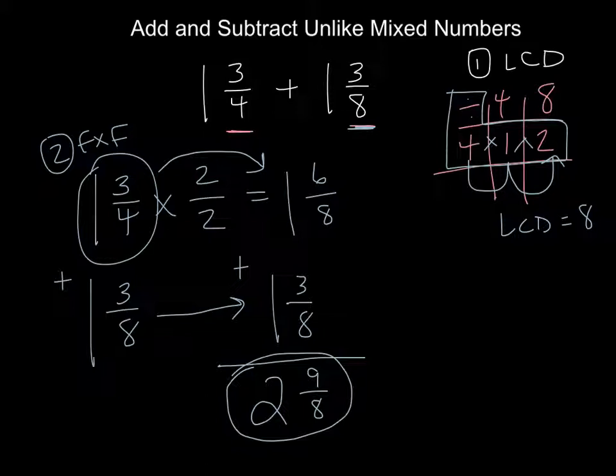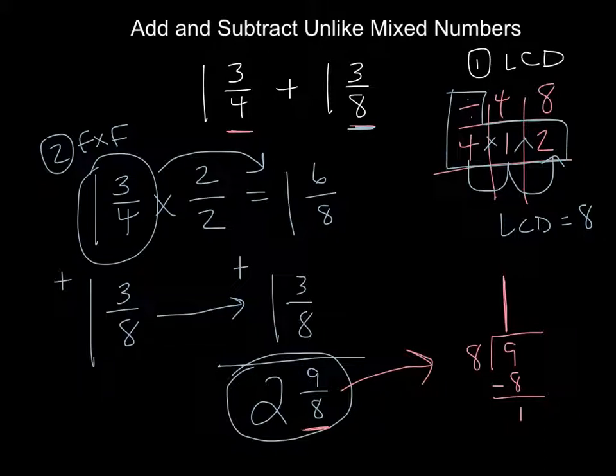But I need to look and see if I can simplify or rewrite any part of my answer. I know that 9/8 is an improper fraction, and I can turn that into a mixed number. 9 divided by 8. 8 will go into 9 one whole time. 9 minus 8 is 1, so 1 out of 8 is left.